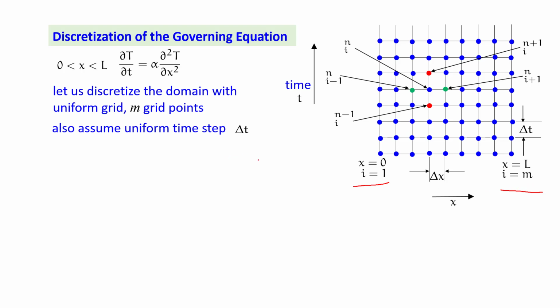We assume that we have uniform grid that is given by delta x, and we also assume that we have uniform time step, which is given by this delta t. So in this diagram, as I go horizontally, that is I am going in the direction of x, each division is delta x, my domain is bounded between x equal to 0 and x equal to L.